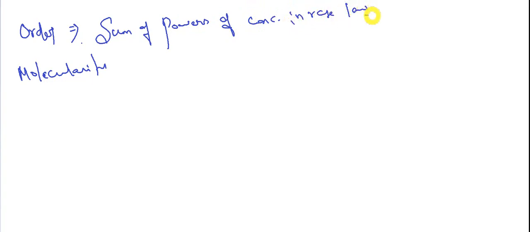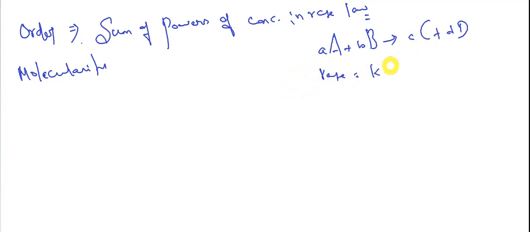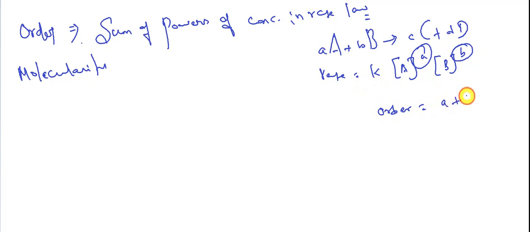For the equation aA plus bB gives cC plus dD, the rate we had written is rate equal to rate constant into concentration of A to the power a, concentration of B to the power b. So what is the order of this reaction? Sum of the powers of the concentration terms in the rate law, that is order is equal to a plus b. So this is the order of the reaction.